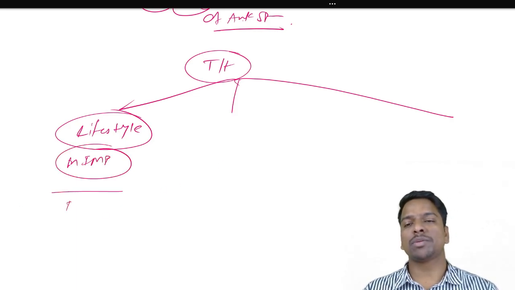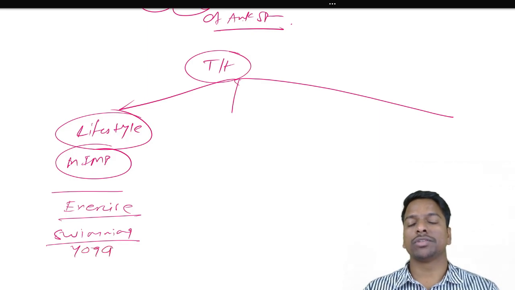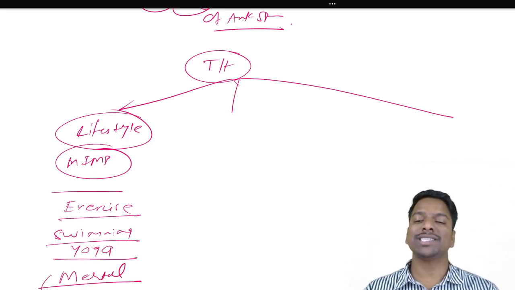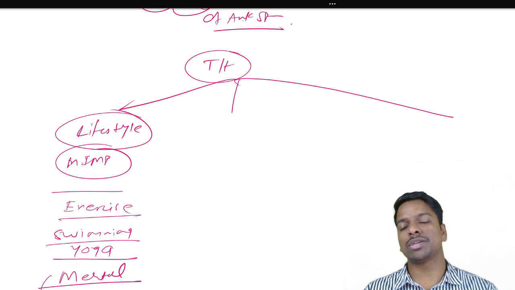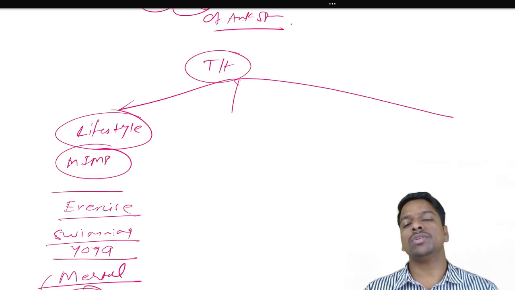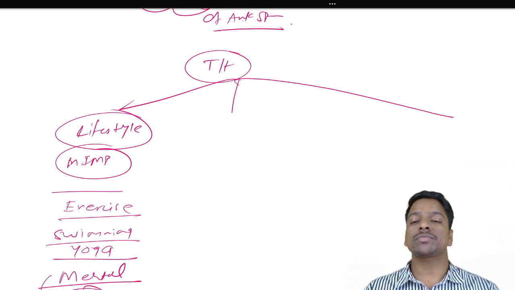You ask the patient to do mobility exercise in the form of swimming, and yoga they can do. They should do mental exercise in the form of meditation, because we have seen that mechanical and even social stress can lead to this. Ask the patient to work out as well, to reduce the joint involvement, and the patient will feel much better after exercises.